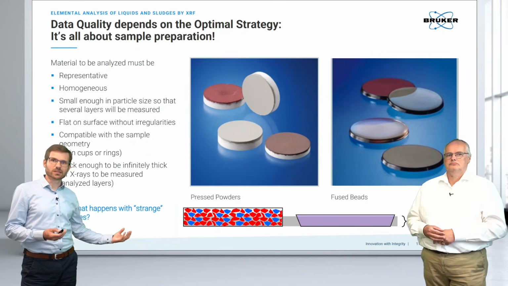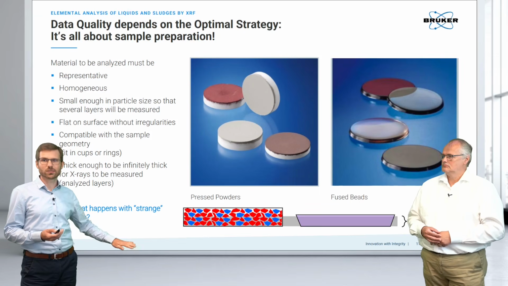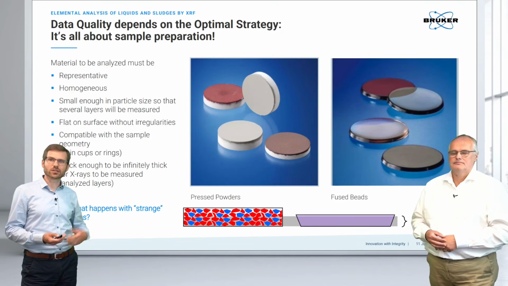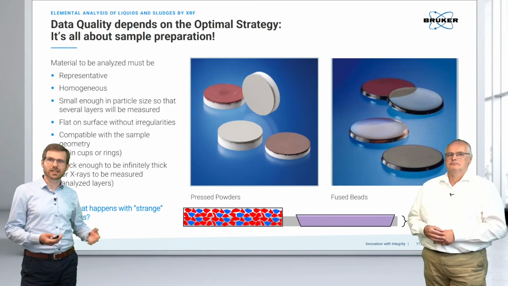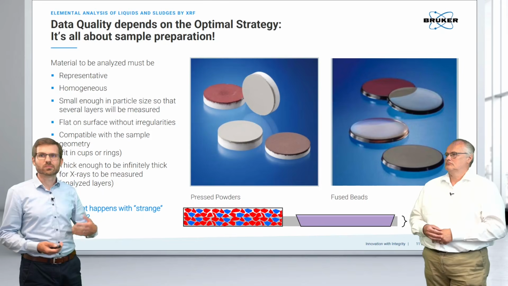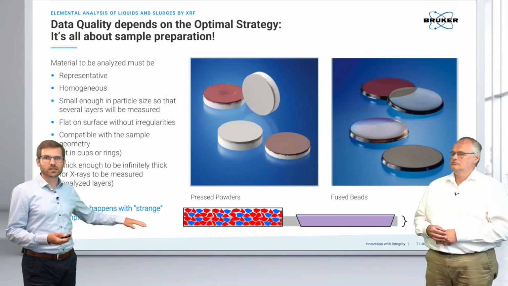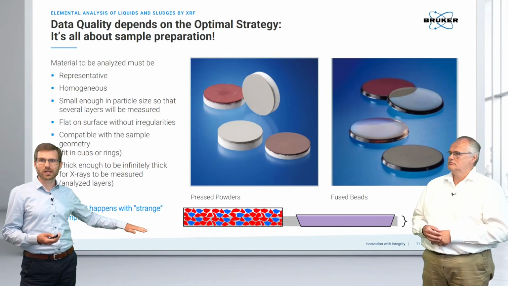So the X-rays penetrate into the sample and only certain X-rays make it back out of the sample into the detecting part of the instrument. And this depends also on the energy or wavelength of the emitted photons. So for example, for signals that come from lighter elements within the sample, the information comes only from a very thin first layer of a few microns.